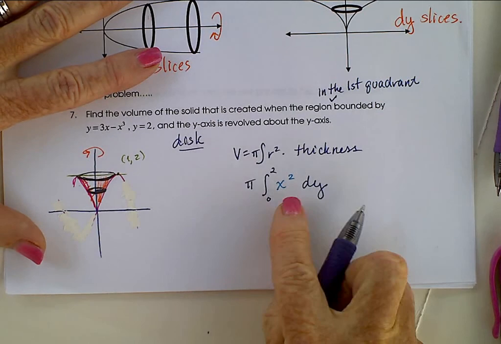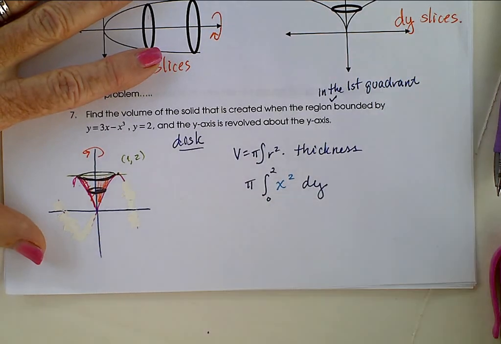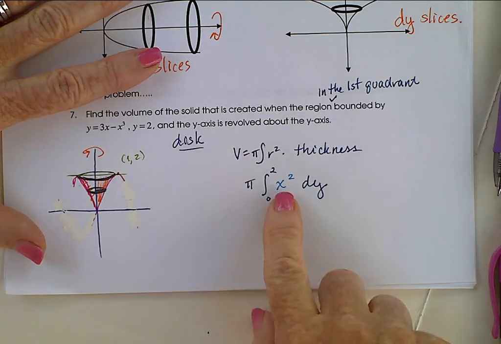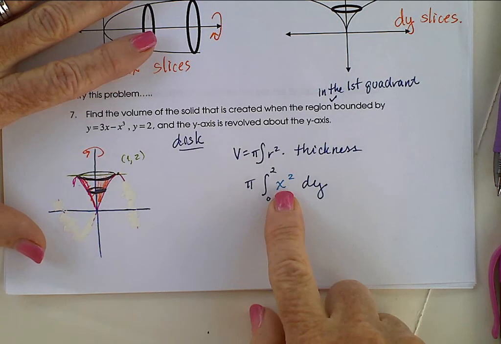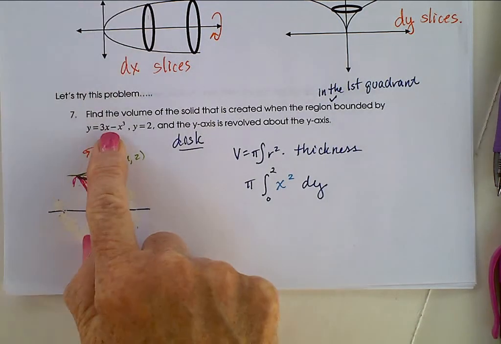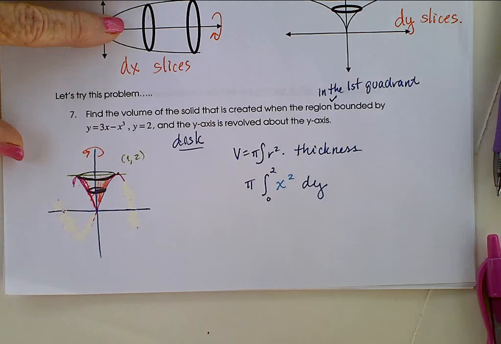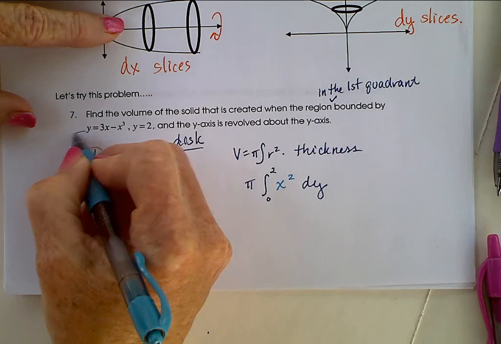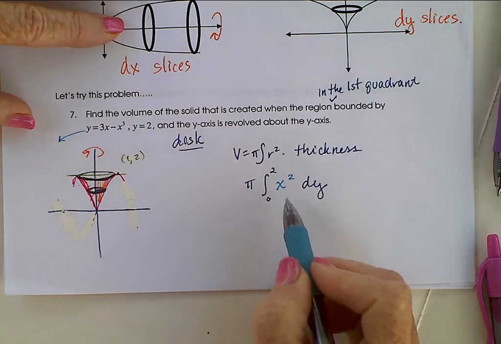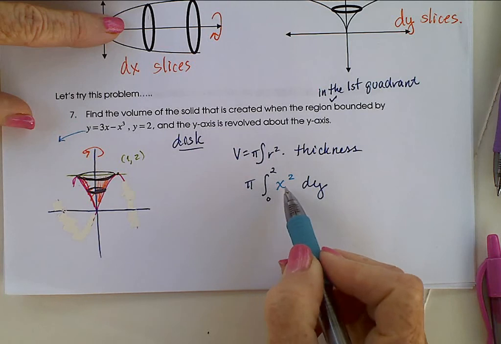Getting our variables to match, we need to replace these x values with y values, which means we'll need to come over here to this function and solve that function for x so that we can replace this x and get y's.